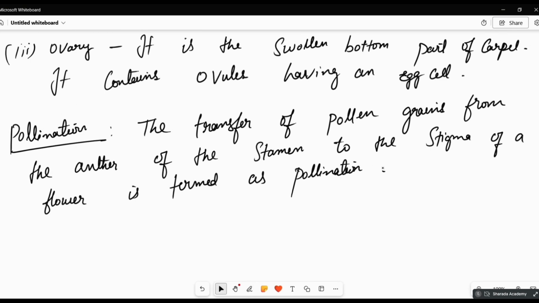So transfer of pollen grains from anther of the stamen to the stigma of the flower, it is termed as pollination.